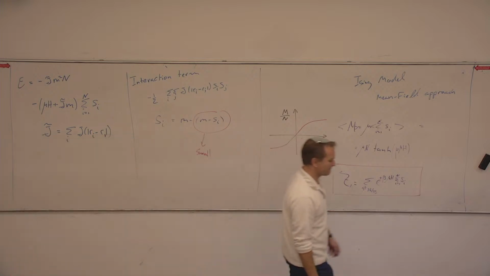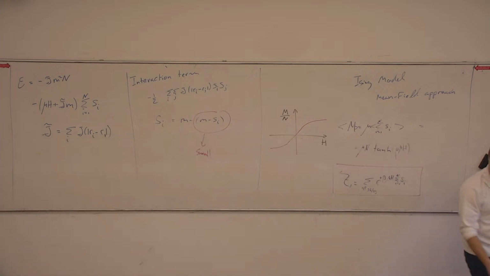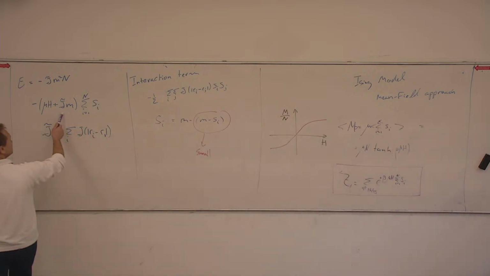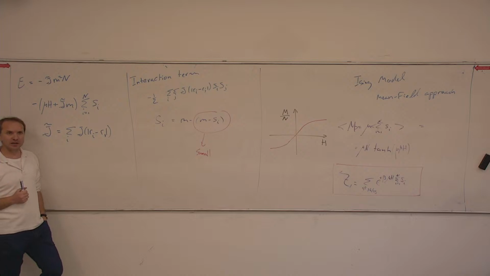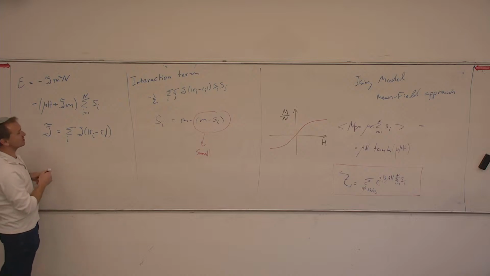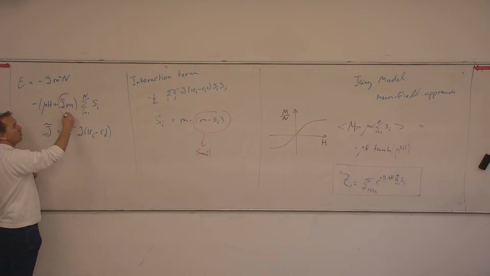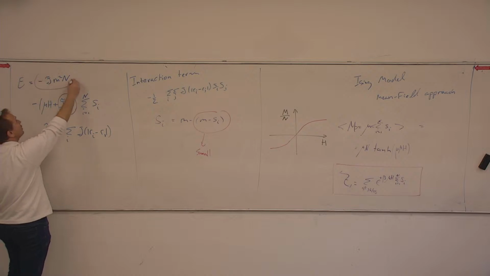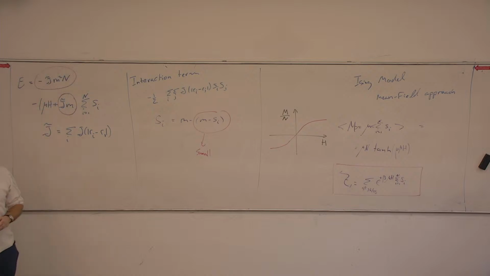Now, what's interesting in this picture? There are no interactions. In what sense no interactions? All the interactions are now described by this term over here, an additional constant term which we add to the energy.